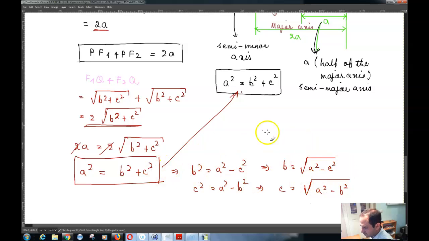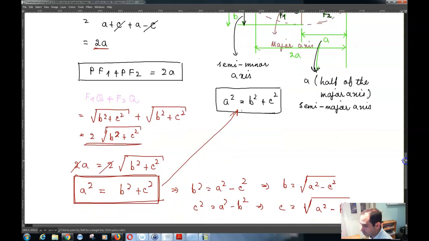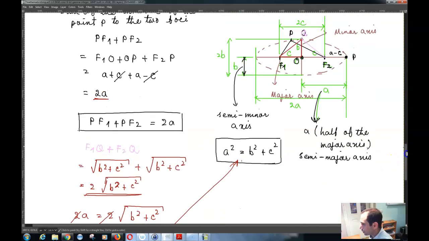Based on your needs, you can use this relationship over here, but it is essentially a squared is equal to b squared plus c squared. And you need to know, of course, what a, b, and c refer to. A refers to the semi-major axis. B refers to the semi-minor axis, and C refers to the distance between one of the foci and the center.